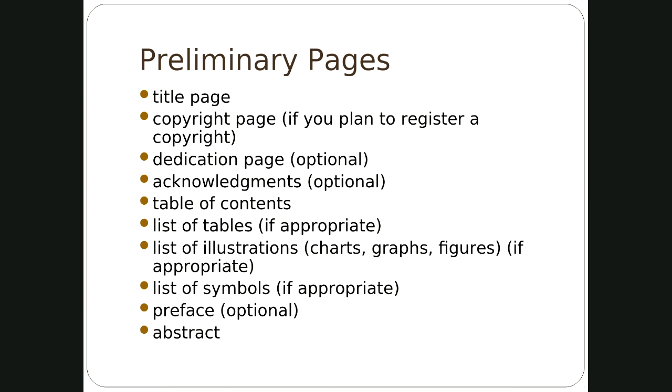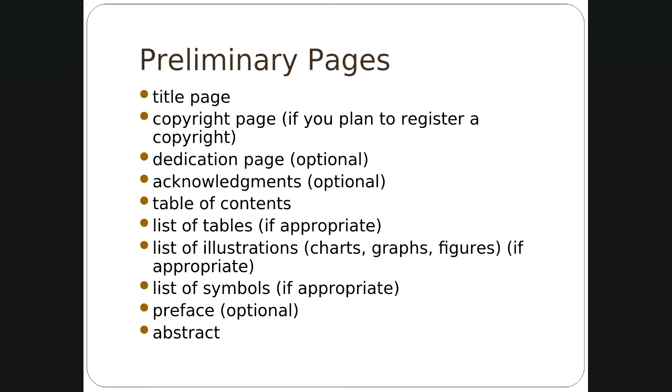Now, some of these others are optional or only if appropriate. You have a list of tables if you have one or more tables. A list of illustrations if you have one or more charts, graphs, or figures. A list of symbols if that's appropriate to your topic. For instance, if your topic is gang symbols or something like that, you need to have a list of symbols as well.